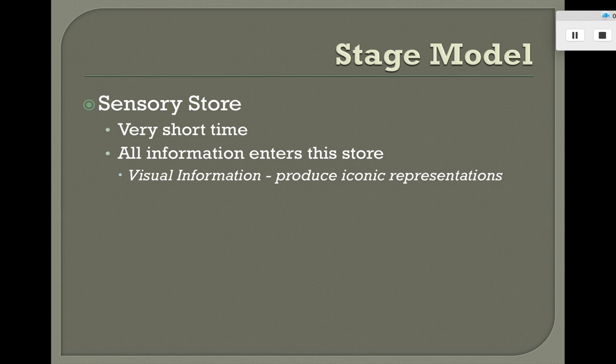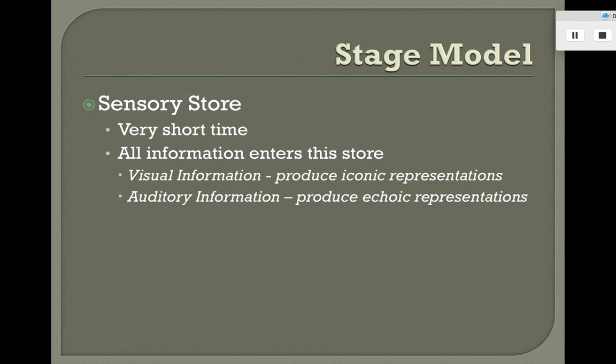Imagine that you can close your eyes and you can think of that object that you potentially had just seen, right? So you just saw an object very, very quickly for a very brief period of time, and it produces kind of this flash, if you want, and you can see a very brief kind of outline of that object, and it essentially creates a visual representation of that image that's there. Now, for auditory information, we can produce what's called an echoic representation.